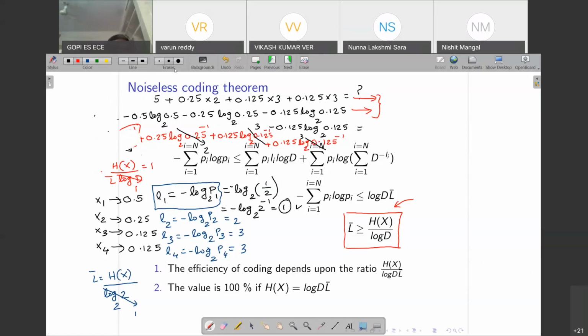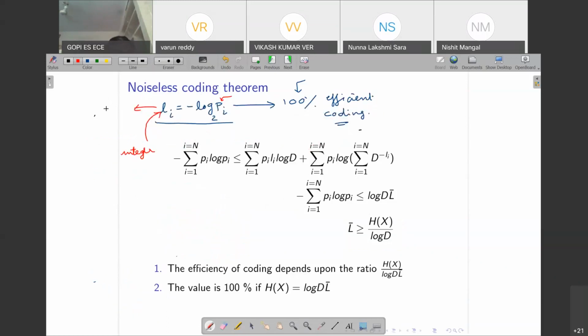So in practice, we are actually using li as having a range, greater than log 2 of 1 by pi. The equal to sign is also there here, right?